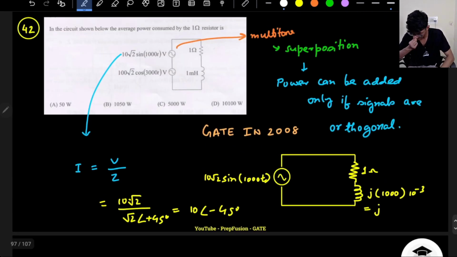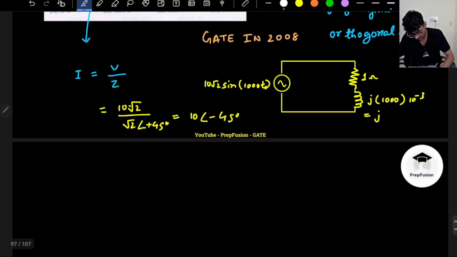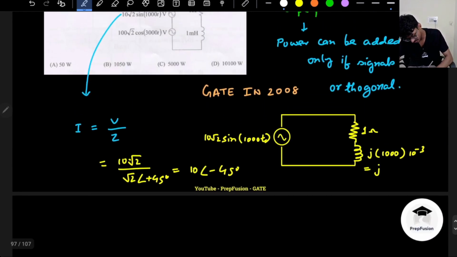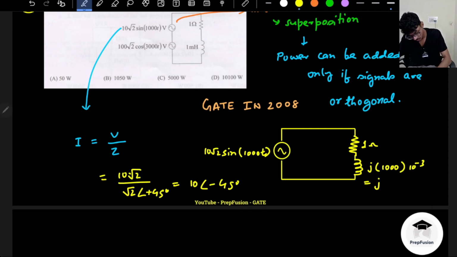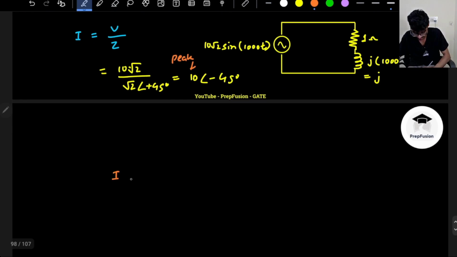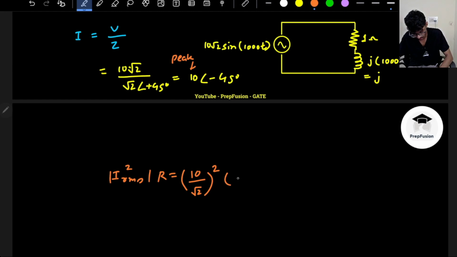So they are asking power consumed, right? So current is this. This is the peak, because I have assumed this, I have taken the peak value here. So what is the power basically? Power will be IRMS whole square into R. So IRMS is 10 divided by under root 2, whole square, into R. R is basically 1 ohm.